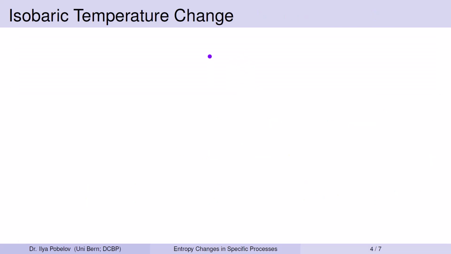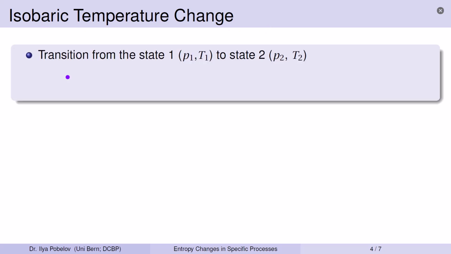How does entropy change if we change the temperature? Let us first look at an isobaric temperature change. Imagine a system transitioning from one state, which we will refer to as state 1, with a pressure P1 and temperature T1 to another state, state 2, defined by pressure P2 and temperature T2.